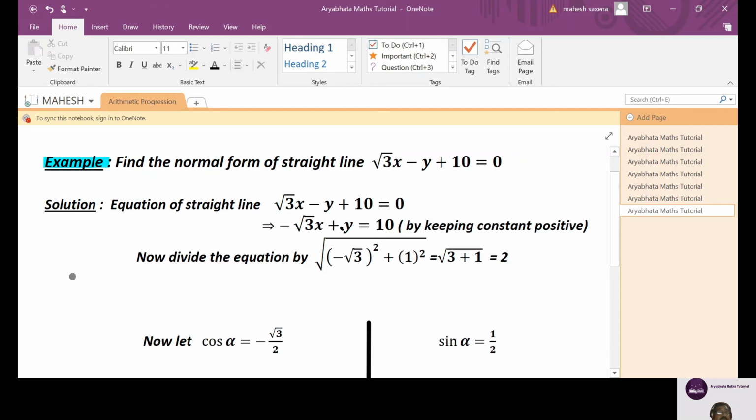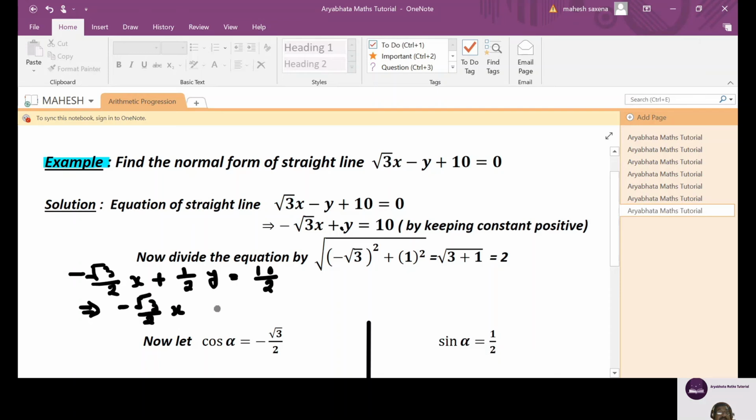Therefore, the equation will be of the form minus root 3 upon 2 x plus 1 upon 2 y is equal to 10 upon 2. That implies minus root 3 upon 2 x plus 1 upon 2 y is equal to 5.